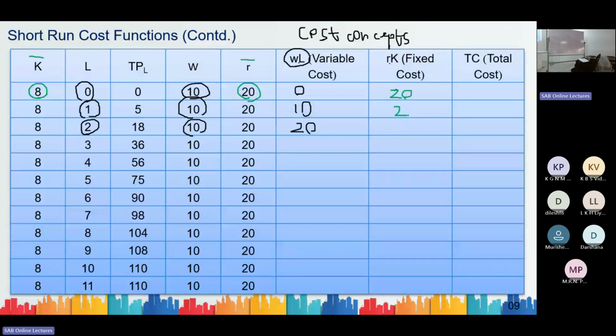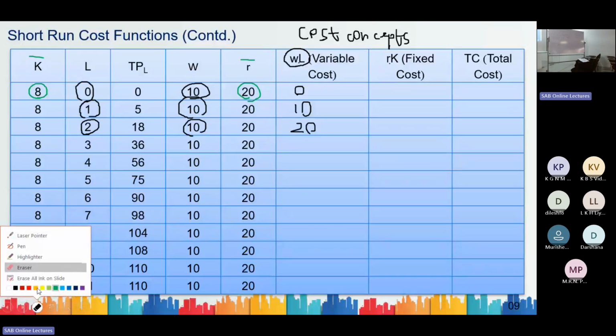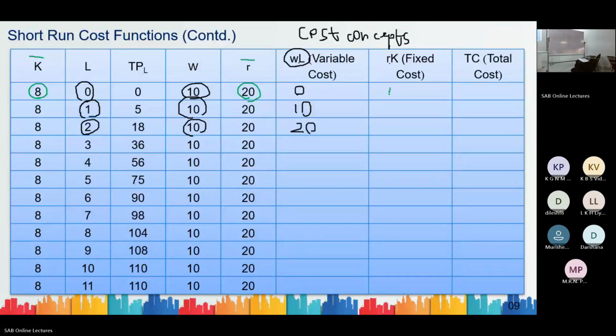Therefore, fixed cost is always the same. When it comes to the labor cost, labor amount changes, but wage rate is fixed.